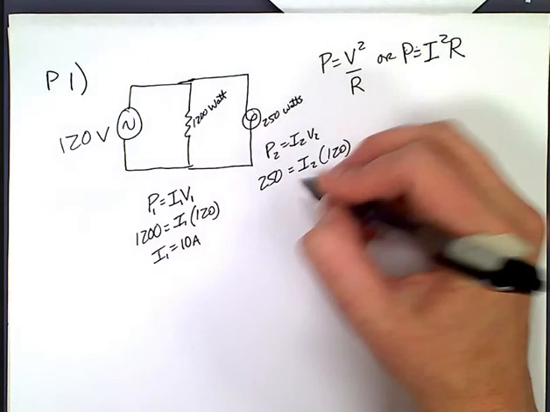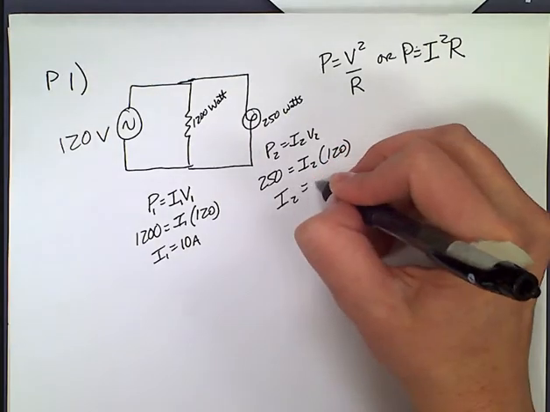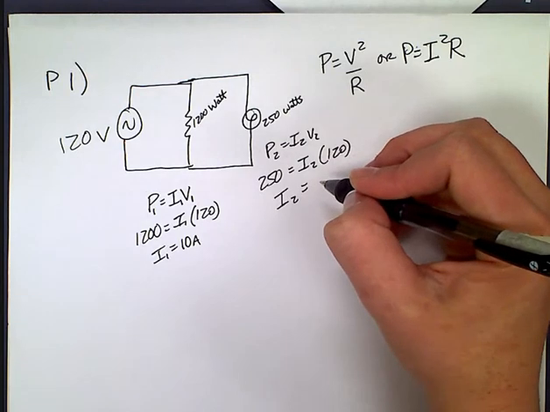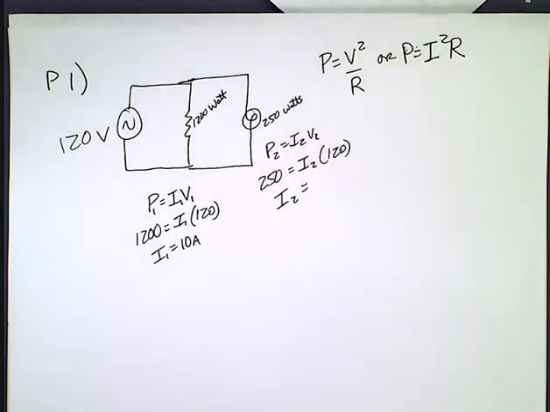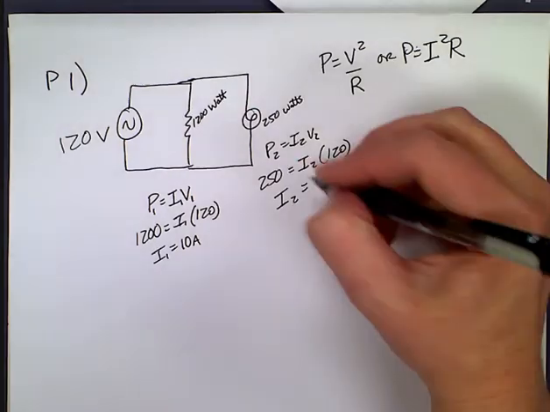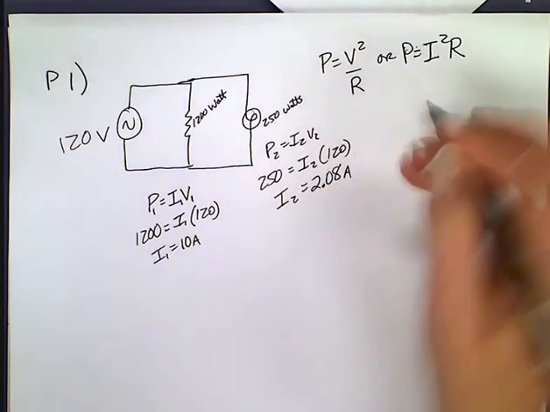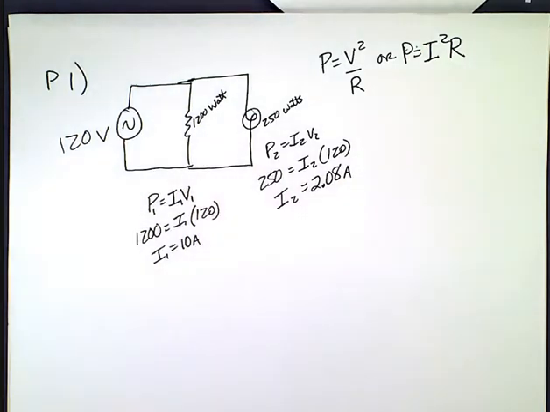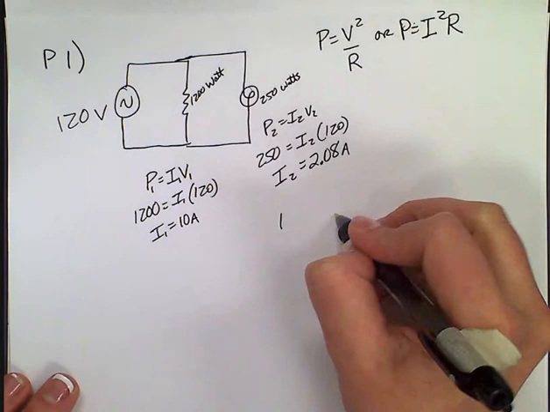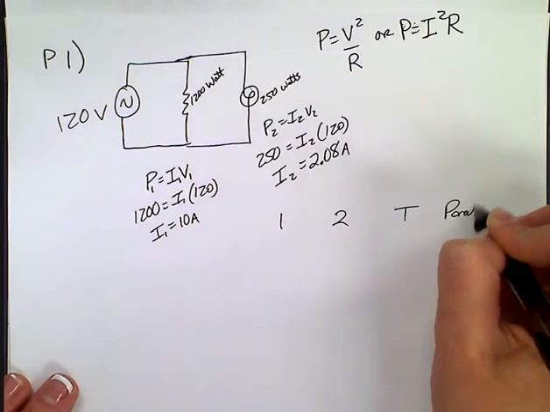Divide out, and this time I get a current of 2.08. And now these currents I can go ahead and fill in and put in my tile. So I have 1, 2 total, and this is parallel.